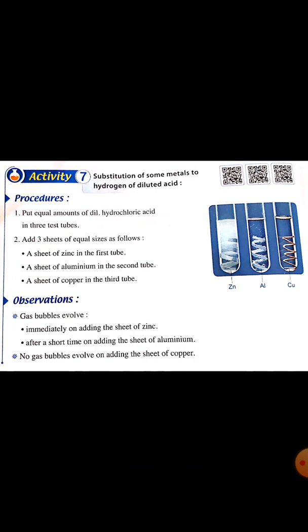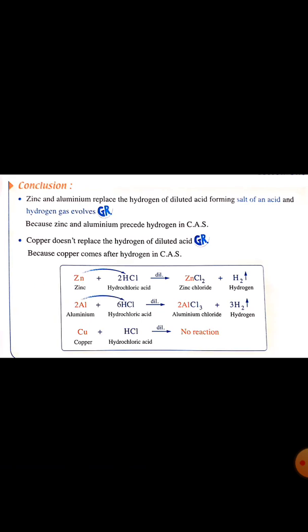Number 2, or B: a metal substitutes the hydrogen of diluted acid. An active metal can substitute the hydrogen ion of a diluted acid to form a salt of this acid, and hydrogen gas evolves. Look here: zinc with hydrochloric acid, aluminum with hydrochloric acid, and copper with hydrochloric acid.